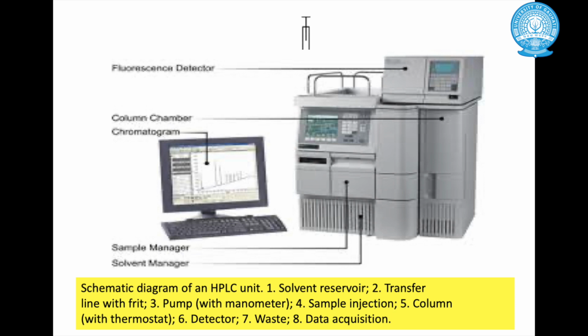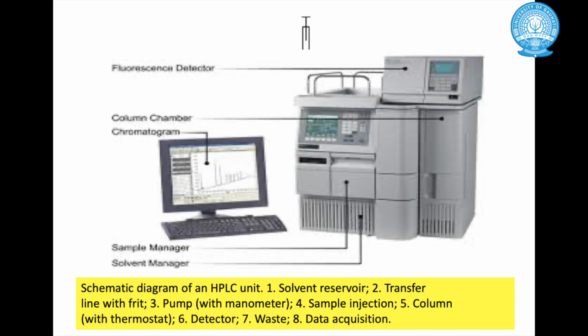Okay, the mechanism of separation of compounds in a HPLC column is shown here. On the top left, what you see is the chemical structure of silica, which is the matrix of HPLC columns.